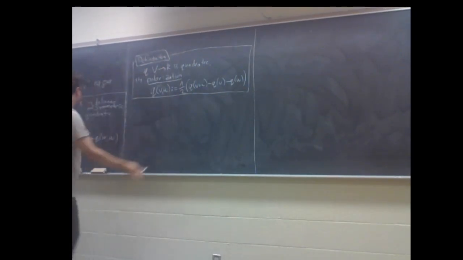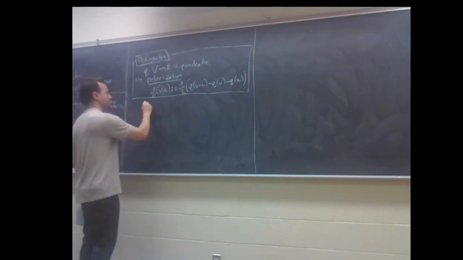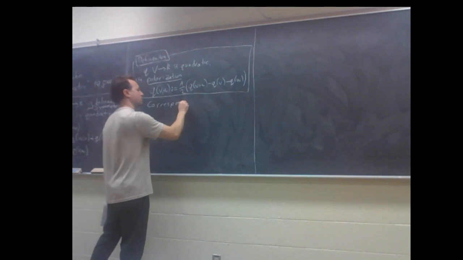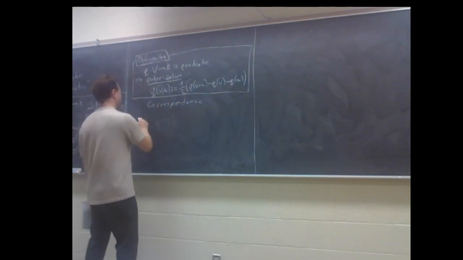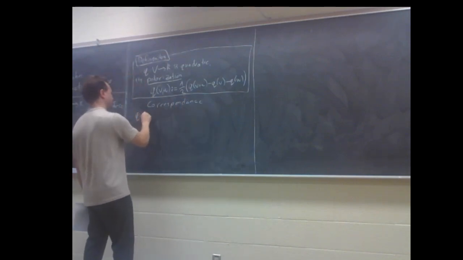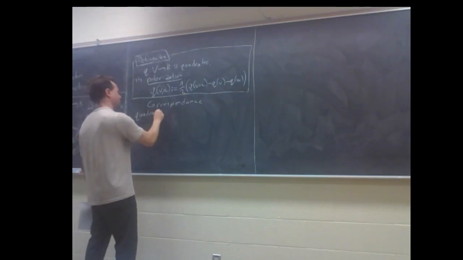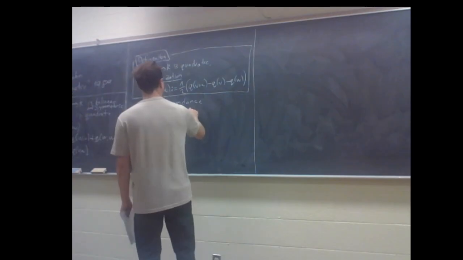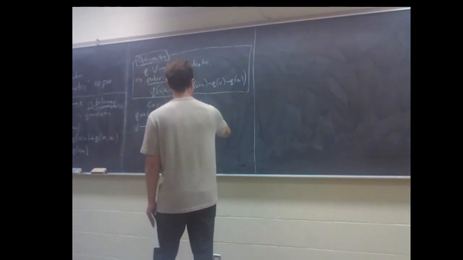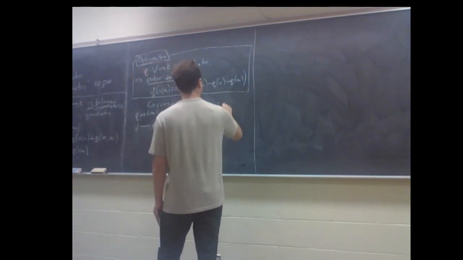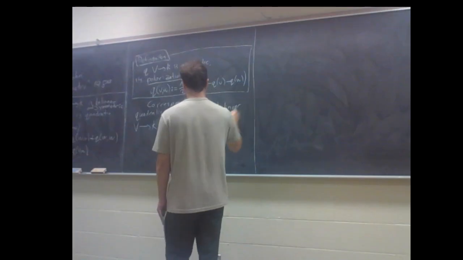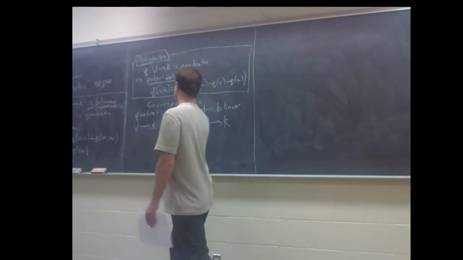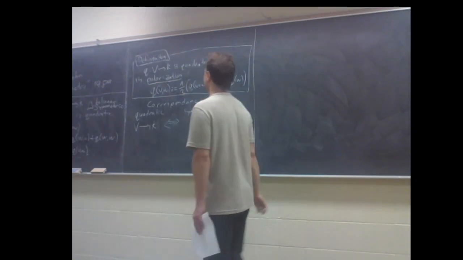And so away from characteristic 2, we actually get this correspondence between quadratic forms from V to K and symmetric bilinear forms. So this is actually a bijection.